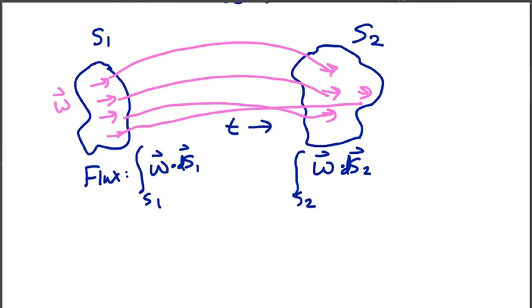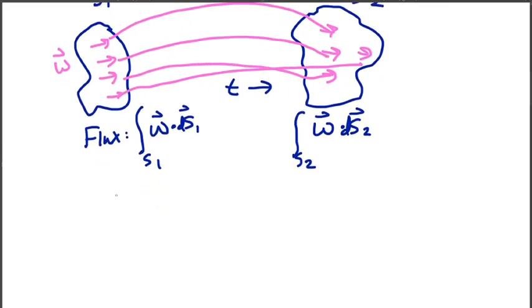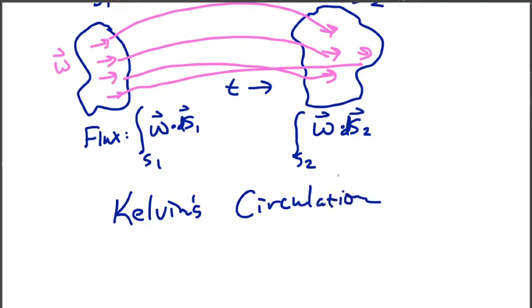Now, what does the Kelvin circulation theorem say? Kelvin circulation theorem says that the flux at S1 and the flux at S2 are the same.